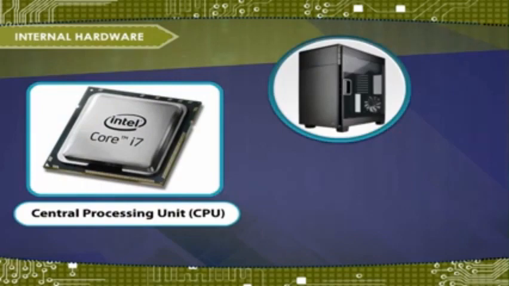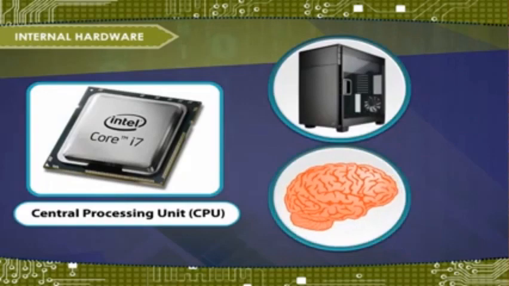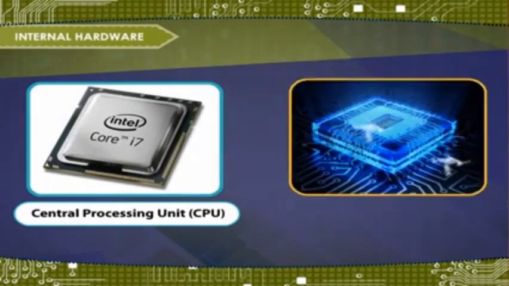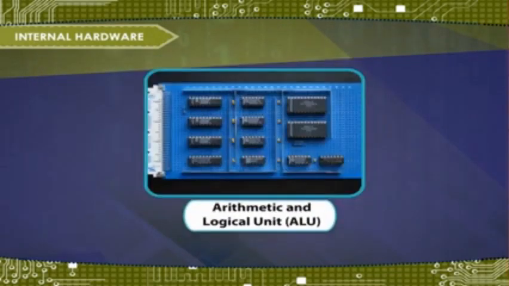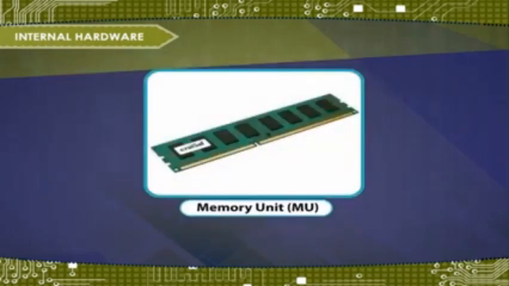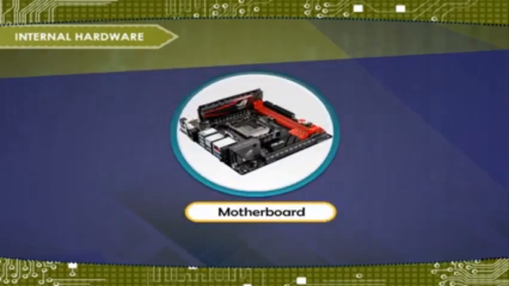Full form of CPU is Central Processing Unit. It is called the brain of the computer. It processes the inputs given to the computer. It has three main components: Control Unit or CU, Arithmetic and Logical Unit or ALU, and Memory Unit or MU.